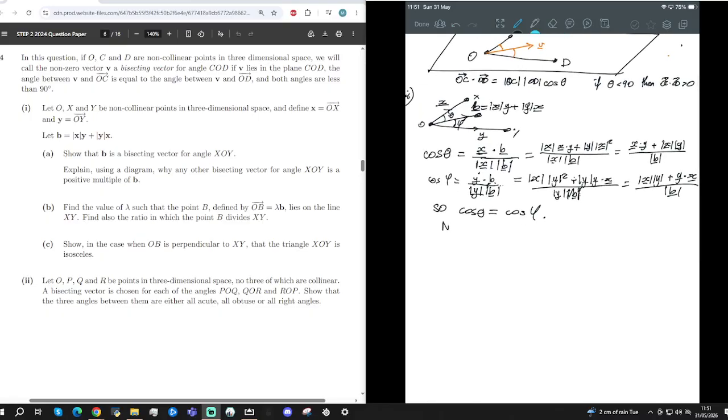So let's notice that, and this is a general result, the mod of x dot y is mod x mod y mod cos of the angle XOY, but cos is always less than 1. Well, it's between 1 and minus 1, so the mod is less than or equal to 1.